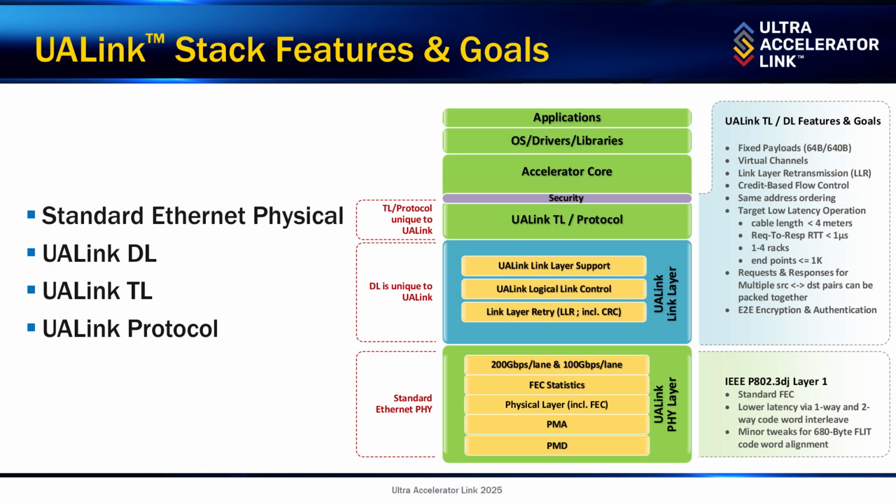They're then pushed through the data link layer to get transported across the PHY, across the wire to the switch, and from the switch onto the destination accelerator. You can see the security layer here above. That's where the encryption occurs before you enter the protocol layer, and it runs end to end all the way to the other side, past the protocol layer. Then the applications, OS, drivers and the accelerator sit right on top of this.